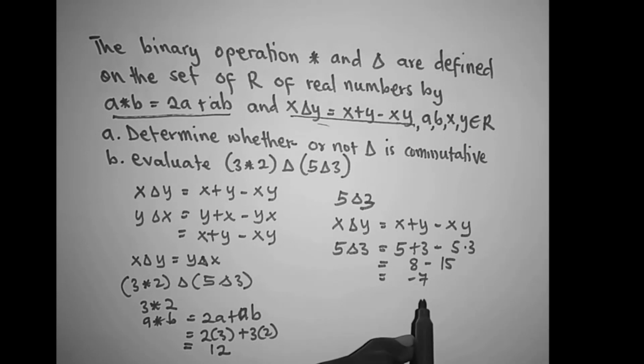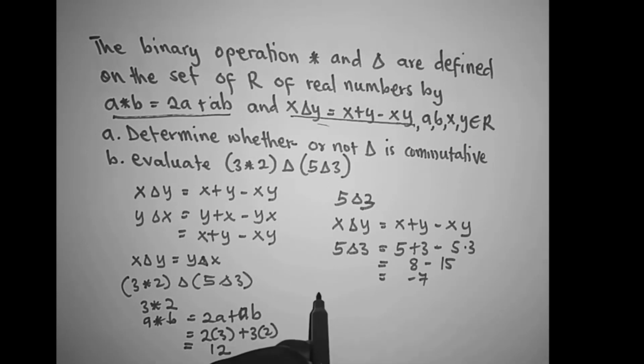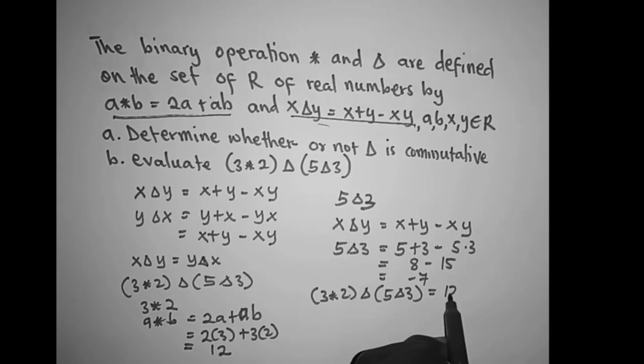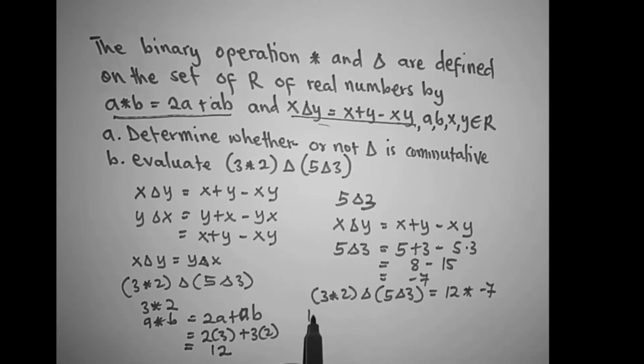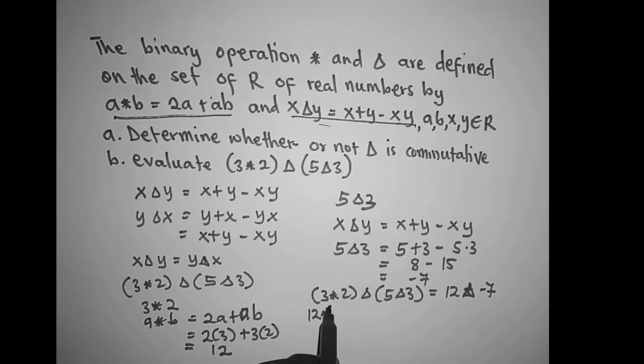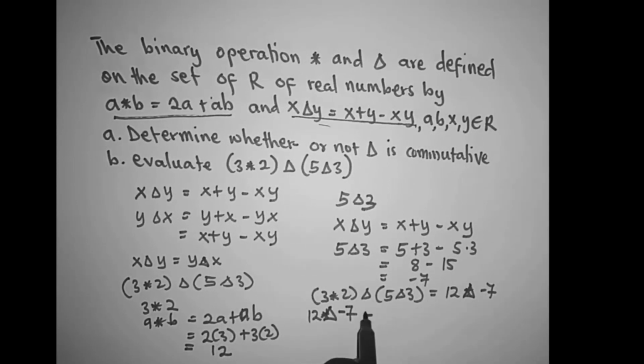So at the end of the day, in one bracket, 3 asterisk 2, delta, 5 delta 3 will be equal to 12 delta minus 7. So we need to find 12 delta minus 7.